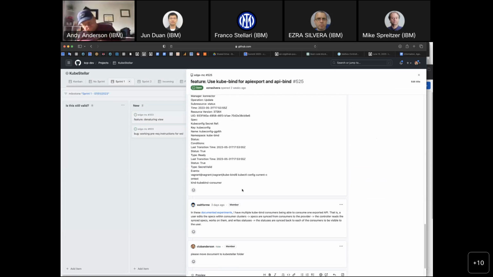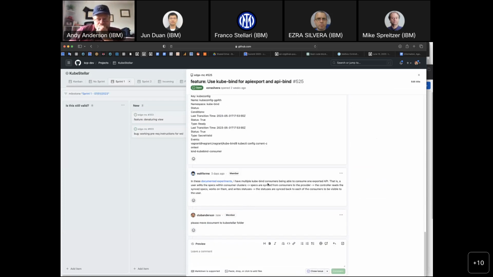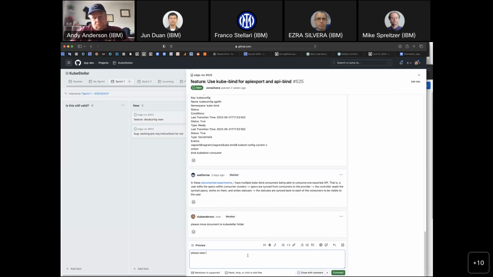I just want to put in context what the next target is, so that we know that eventually. June did excellent work in exploring this feature. The next phase is we actually need to integrate it into KubeStellar, right? And that's something we probably need to design, because this is maybe quite a disruptive move.